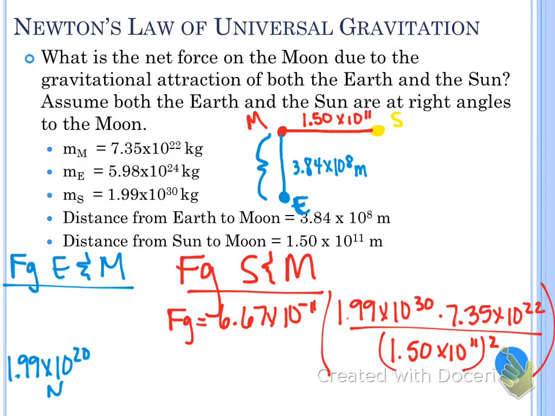All right, and what do we get for F sub g? I got 4.34 times 10 to the 20th.